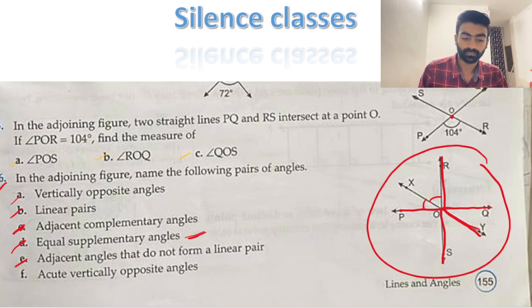Okay. Now, the last question, what is it saying? Acute vertically opposite angle. Acute angle means less than 90 degrees.